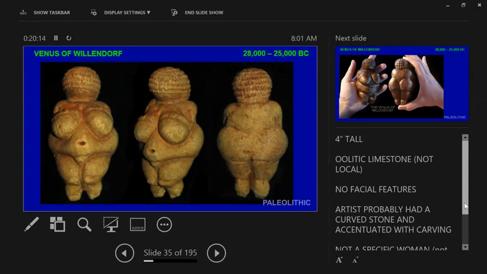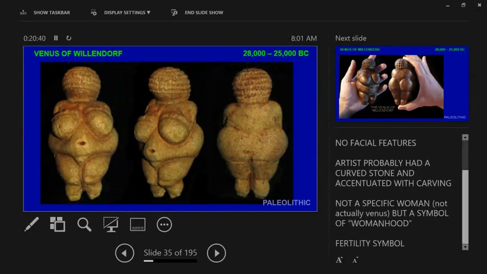All right, she's 4 inches tall. How tall is 4 inches? Yeah, it fits in your hand, right. And she's made of oolitic limestone, which is not local to where they found it. So that means somebody carried it to where it was found. It was made in one place, carried to another place, and that is an important fact.